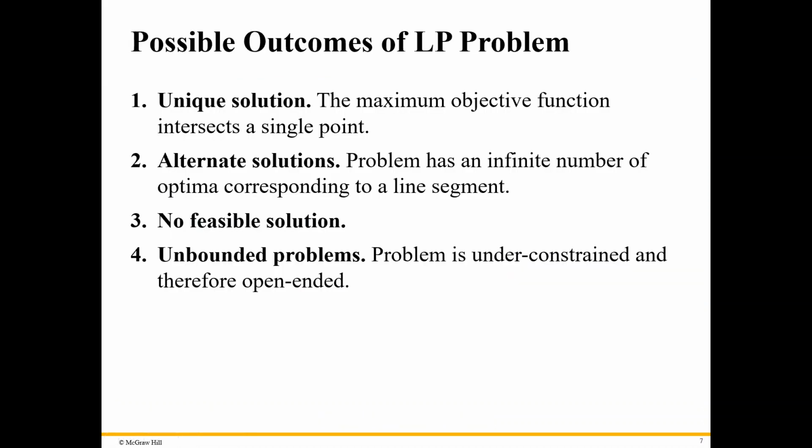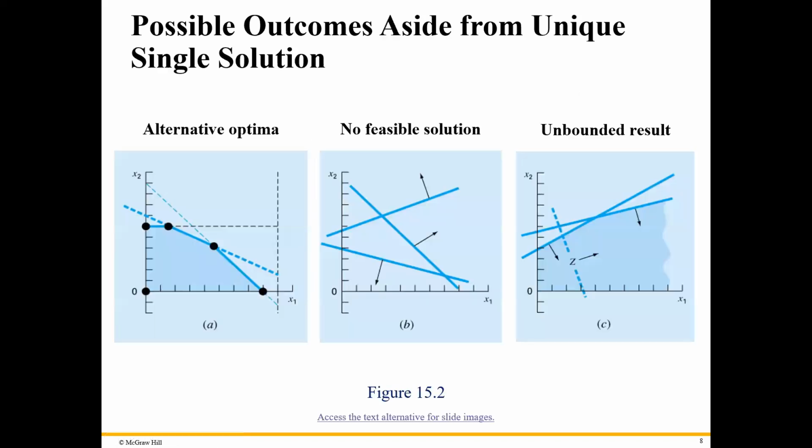So depending on how we are setting up the constraints, we can have a unique solution, we can have alternate solutions, we may have no feasible solutions, and we may have an unbounded problem.